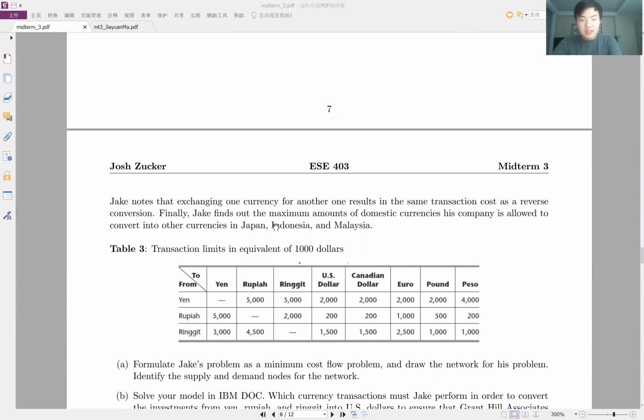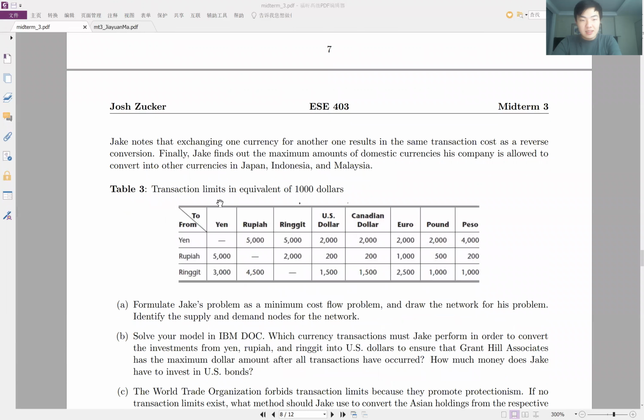But what makes this problem even more complex is that since the market realized that there's a certain risk for these three currencies, there are transaction limits from these three currencies to other currencies. And each number in this table is equivalent to $1,000 for each one presented here. For example, this 5,000 is actually $5 million.